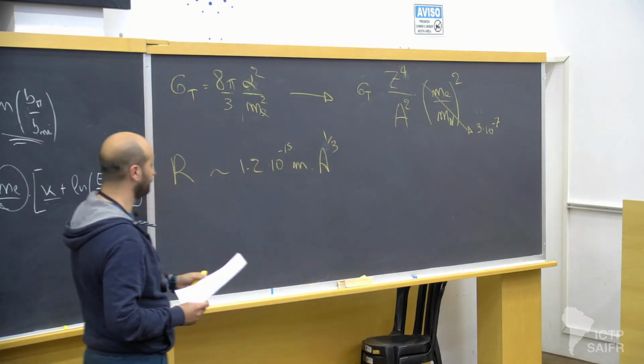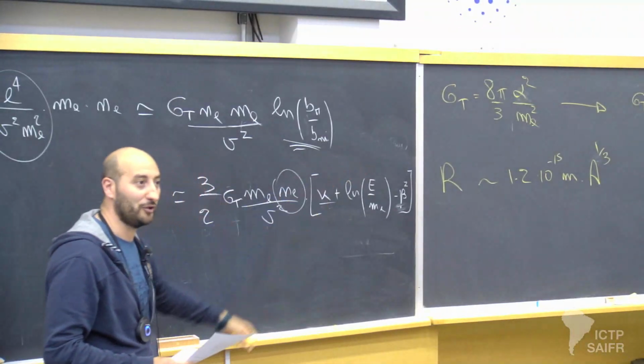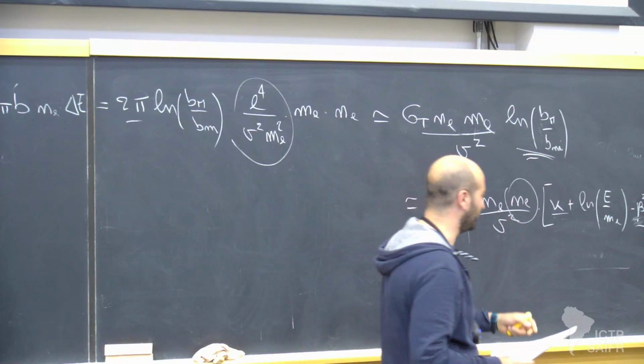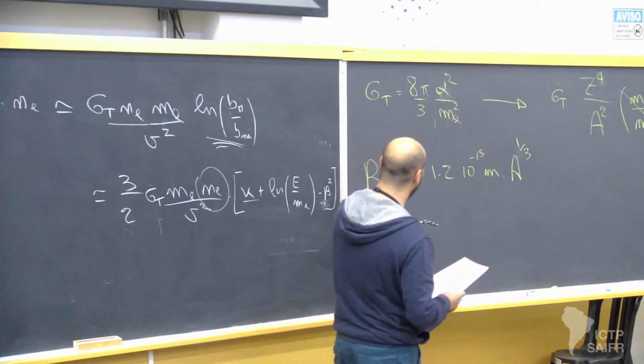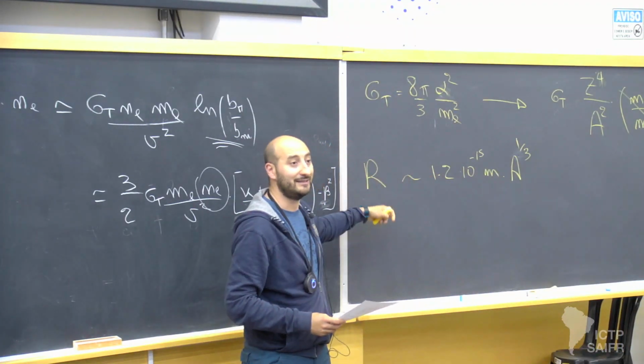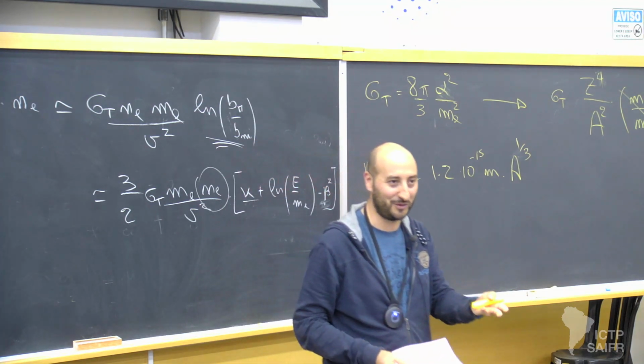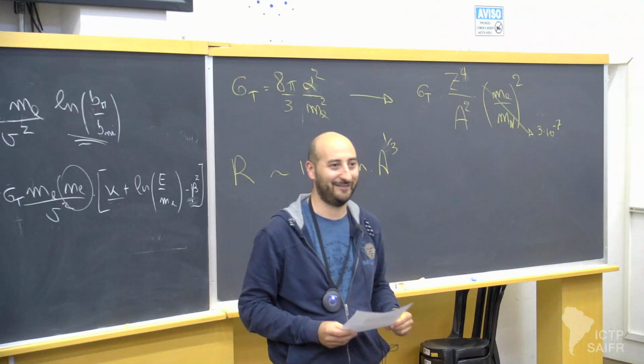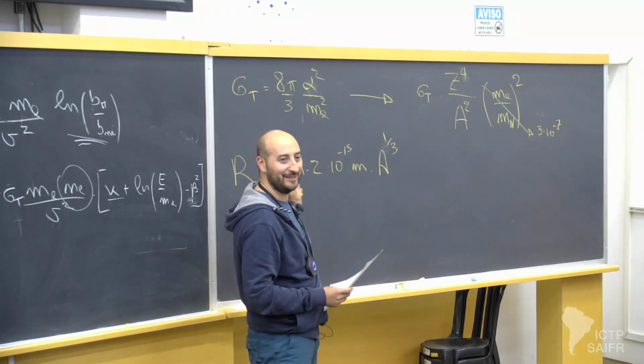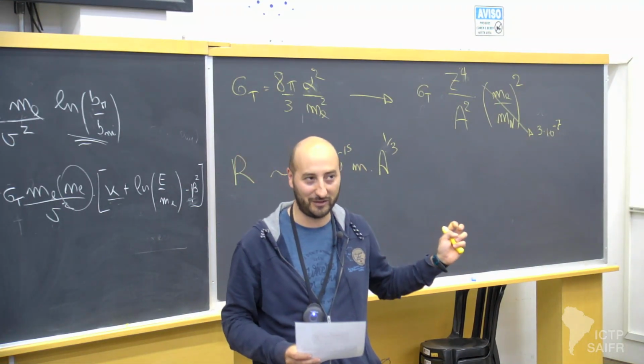A is the number of nucleons in the nucleus, okay? This size, by the way, is related to the confined phase of QCD.